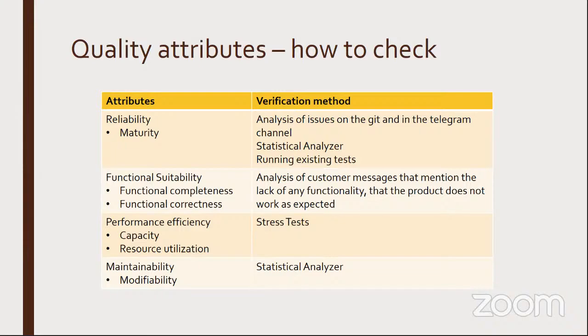Next one is performance efficiency. We try to redo some stress tests that they supposedly ran and check whether their numbers are true, and we think that maintainability we can assess according to the statistical analyzer.